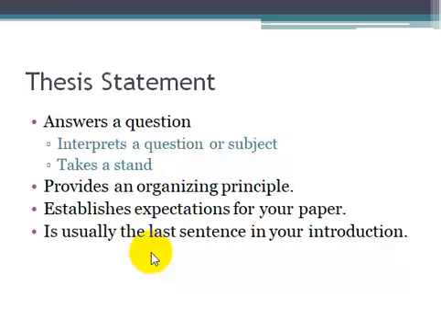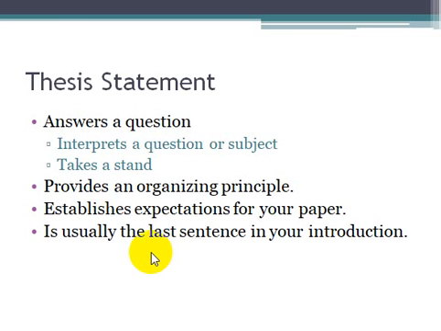This is a very important and crucial step. The thesis statement should interpret a question or a subject. This is the most important and the core point of research.